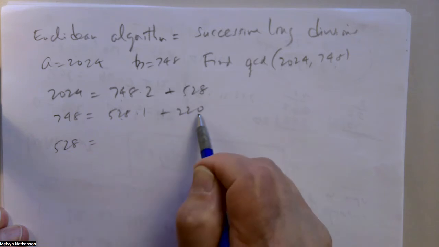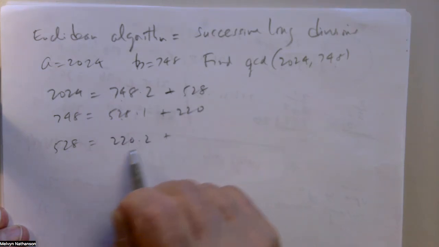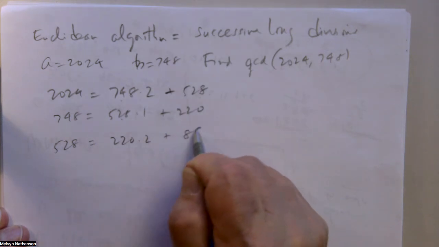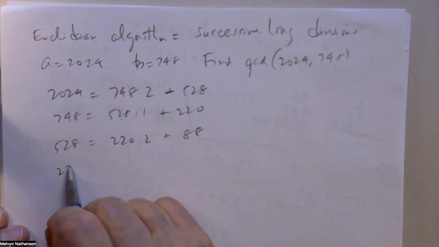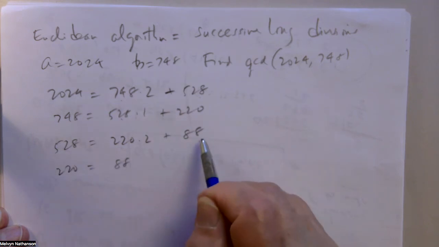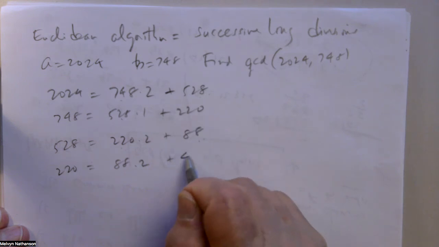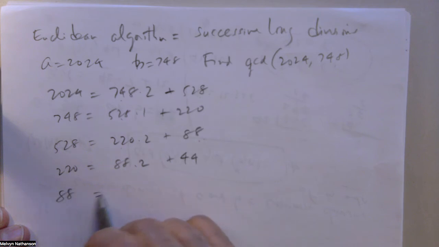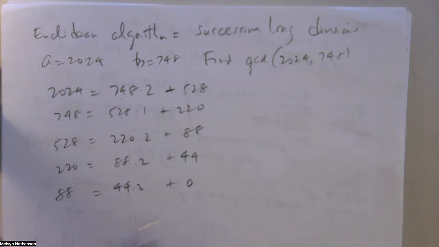Then we take 528 and divide by this remainder. This goes in 2 times, that's 440, and leaves a remainder of 88. Then we take 220 and divide by 88. This goes in 2 times and leaves a remainder of 44. Then we take 88 and divide it by 44. That goes in 2 times and leaves a remainder of 0.